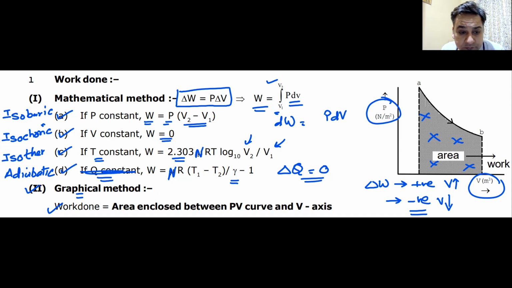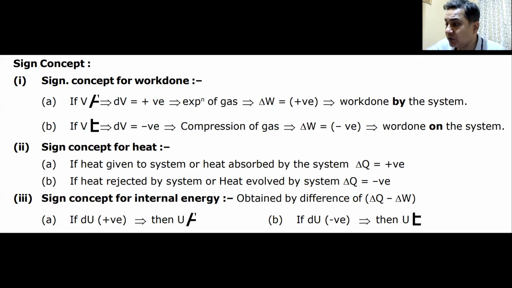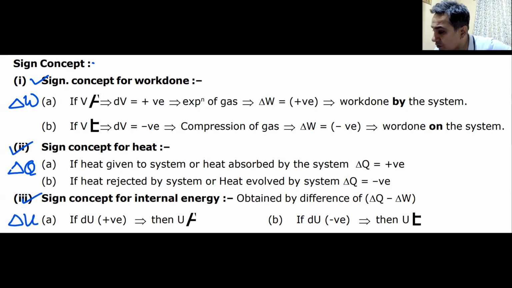Now, when we come to this first law of thermodynamics, we will come across three terms. One is work done, which I write as delta W. The second one is heat given, that I write as delta Q. The third one is change in internal energy, and you must remember this sign concept.